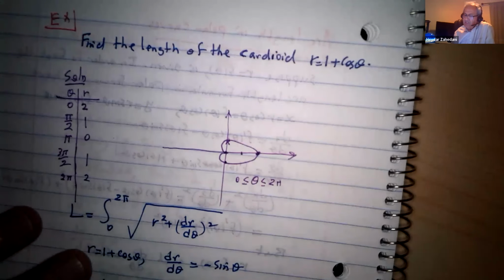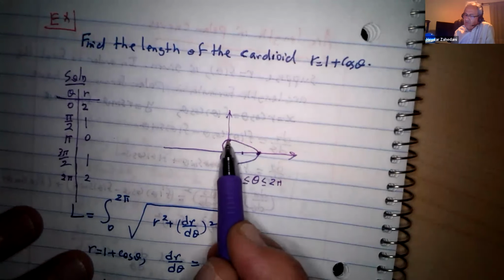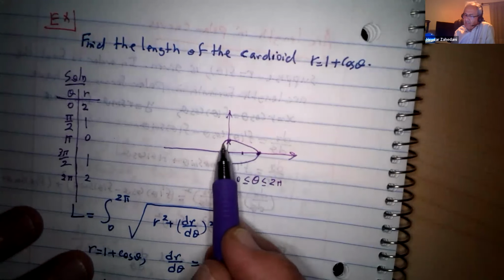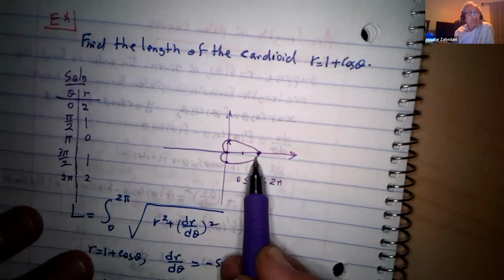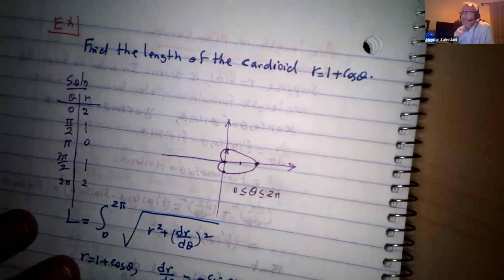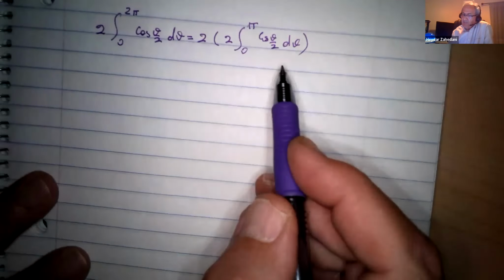We find the portion to the top, 0 to pi, and then you multiply by 2. Then you are not going to have that difficulty that I talked about.